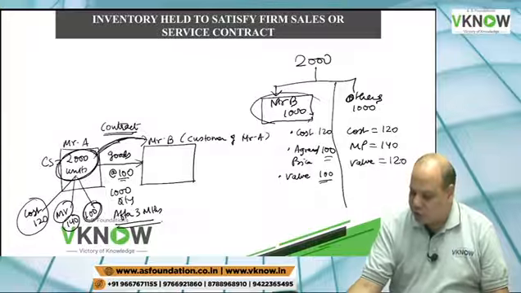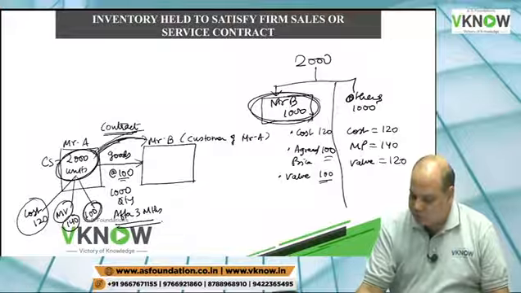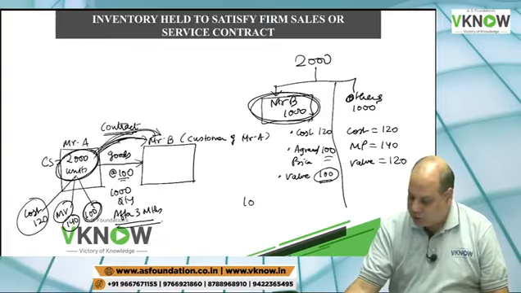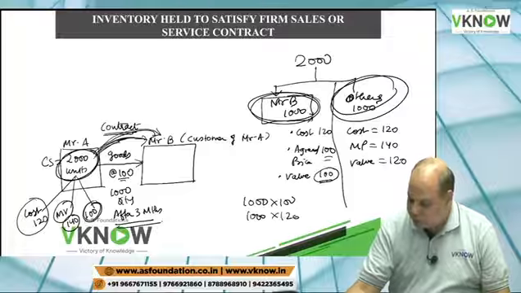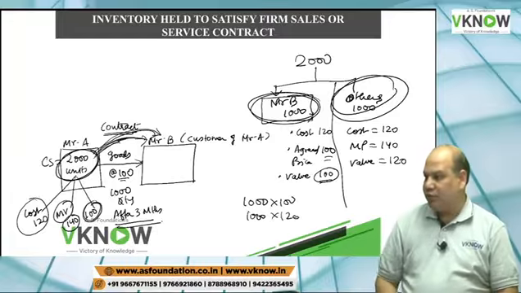So the 1000 units meant for B will be valued at 100 rupees, and the remaining 1000 units at 120 rupees.